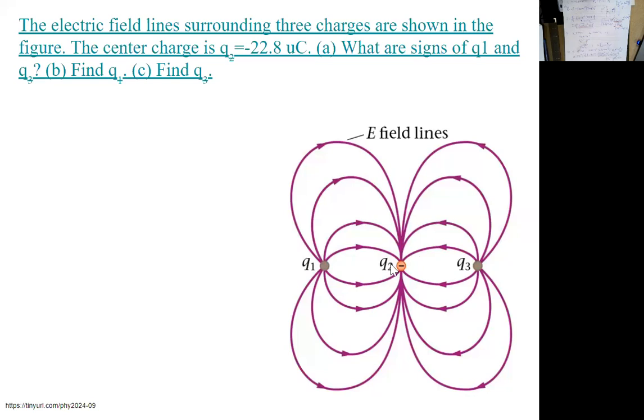And they should be half of Q2 because they have half the number of lines surrounding them compared to Q2. So the answer for A would be that the signs of Q1 and Q3 are positive, and Q1 equals Q3 equals 1/2 of 22.8, which is 11.4 microcoulombs. Okay.